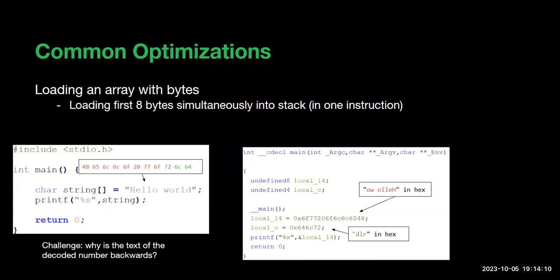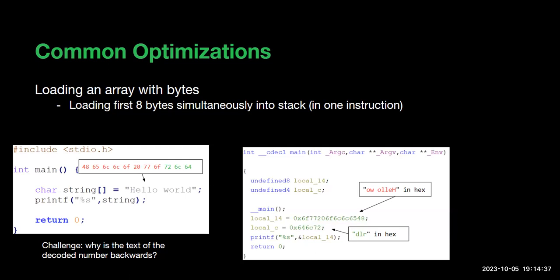Okay, so as you can see, C compilers typically do a lot of optimizations on your code when converting from C code to assembly code, to make the processor run quicker. This is one example. When loading an array with bytes, it loads the first 8 bytes first, and then probably the next 8 bytes, and then the rest.